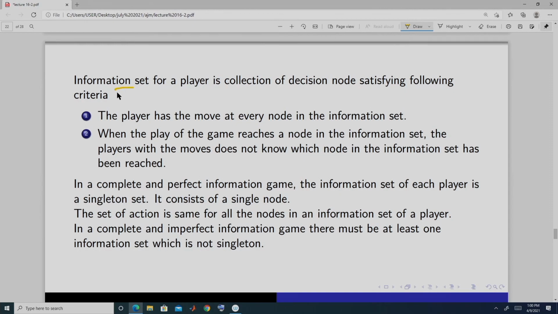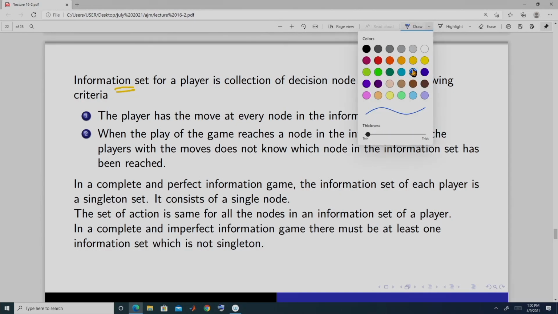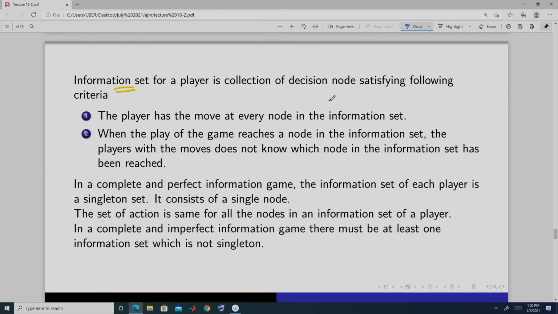Now, we will specify the complete information game of perfect and imperfect information in a more precise way by using a concept called information set. And what is an information set? Information set is actually a collection of nodes for each player. Okay. So, each player will have some information nodes.